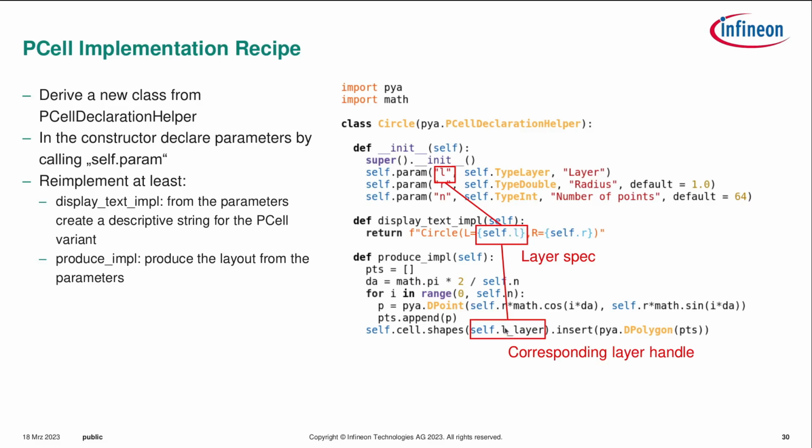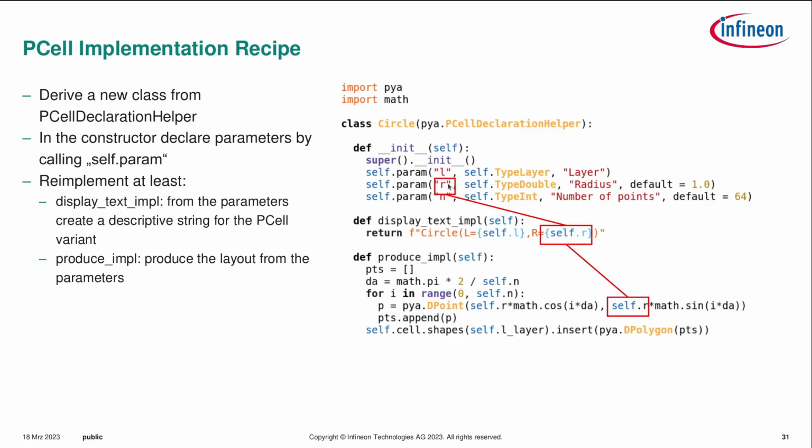And as we have a layer, it's not only available as L, which is essentially the abstract layer definition, so GDS layer and data type, but also as a layer handle, the layer index we were talking about earlier. This variable is called L_layer. So _layer is the suffix KLayout will use to indicate the layer ID. And the R value is simply available as the R attribute. So whenever I use this attribute, I get the current value of R.